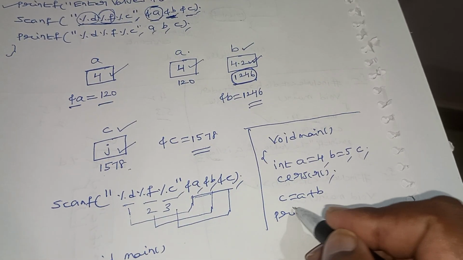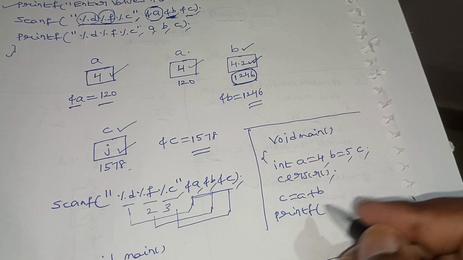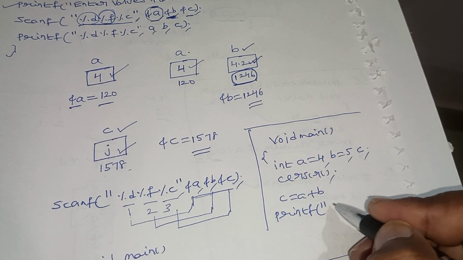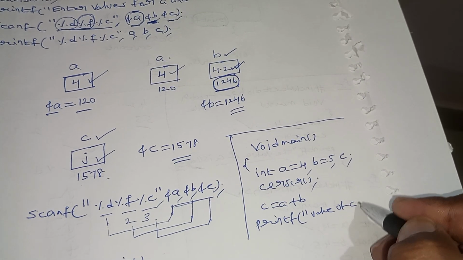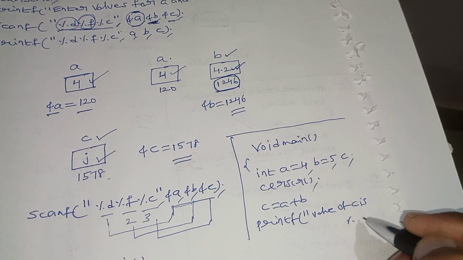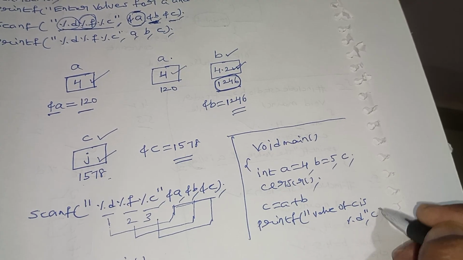So printf, value of c is %d, double quotes close, c.